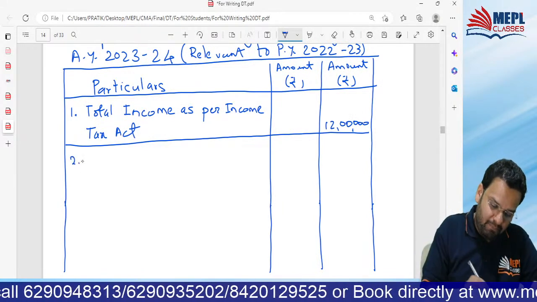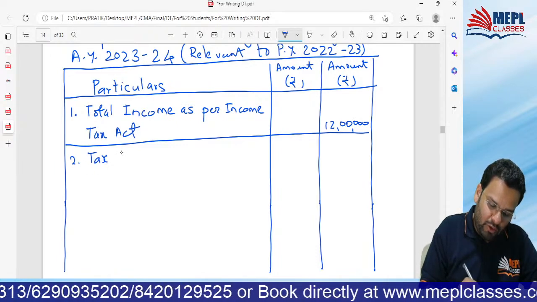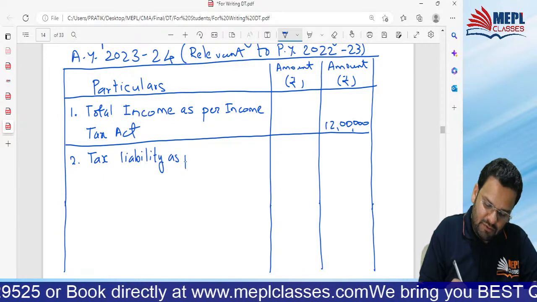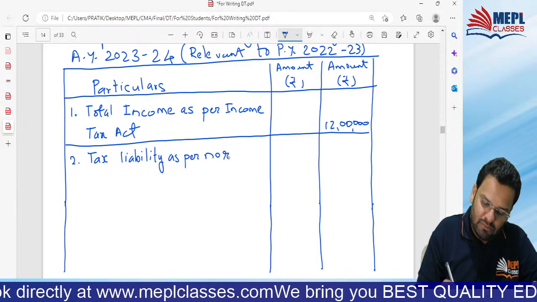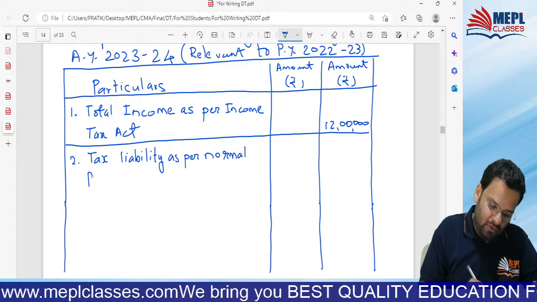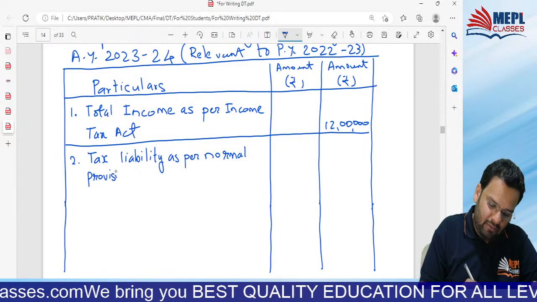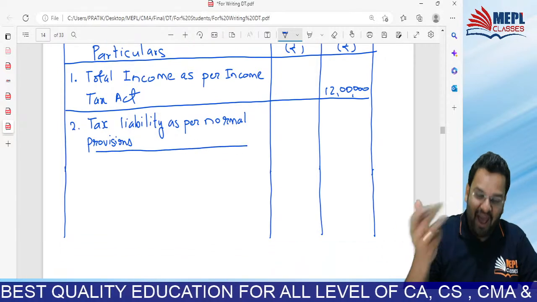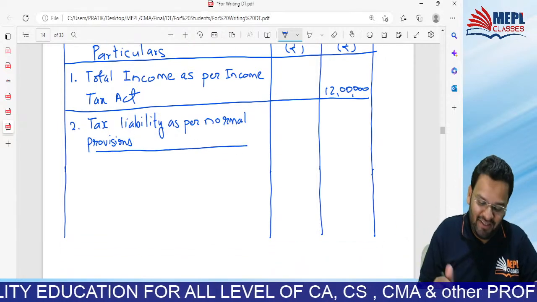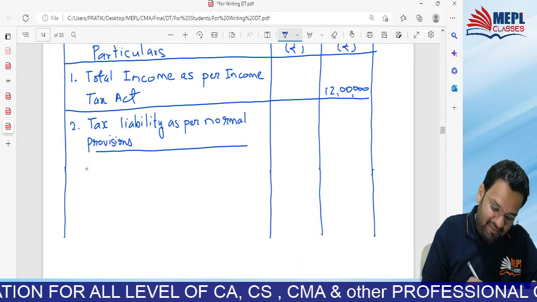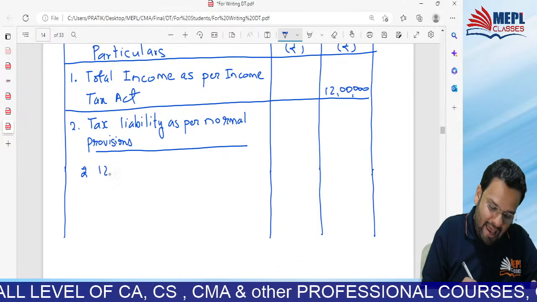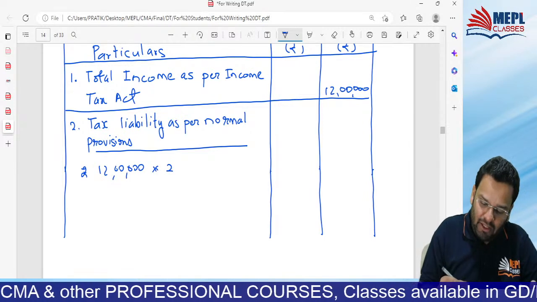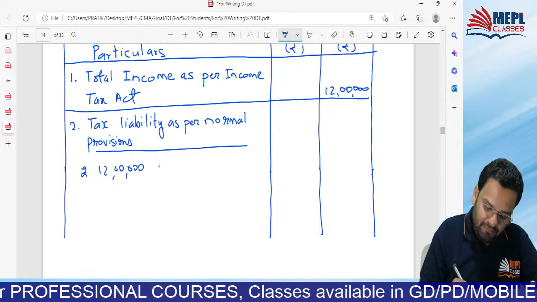Okay, second step, you have to calculate tax liability as per normal provisions. So today you will have trust on me and calculate this. So it's 12 lakh into, I want to take it at 25%.